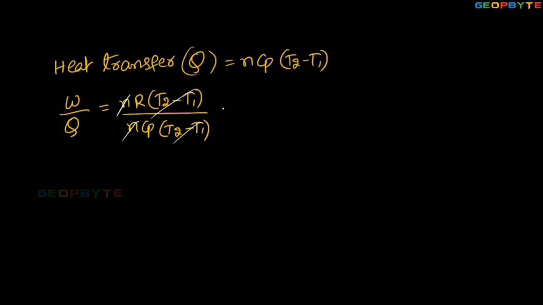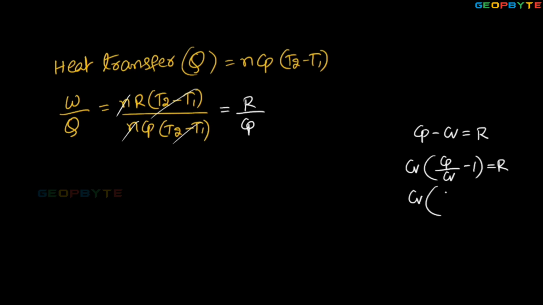Similarly, T2 minus T1 is cancelled. Finally, it is R by Cp. As you know, Cp minus Cv equals R. From this, let me write the Cv outside: Cv (Cp by Cv minus 1) equals R. Cp by Cv equals gamma, so Cv (gamma minus 1) equals R. From this, Cv equals R by (gamma minus 1).